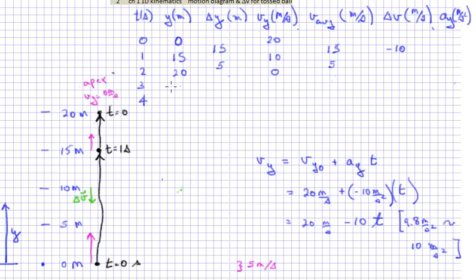One second later, from 2 to 3, I incur another minus 10 meters per second. Since I start with 0, I'm now at minus 10. The average velocity of 0 and minus 10 is minus 5. Now my displacement is minus 5. The fact that it's minus means that it's downward. I'm going to move the motion diagram over so I don't have to draw it on top of itself.